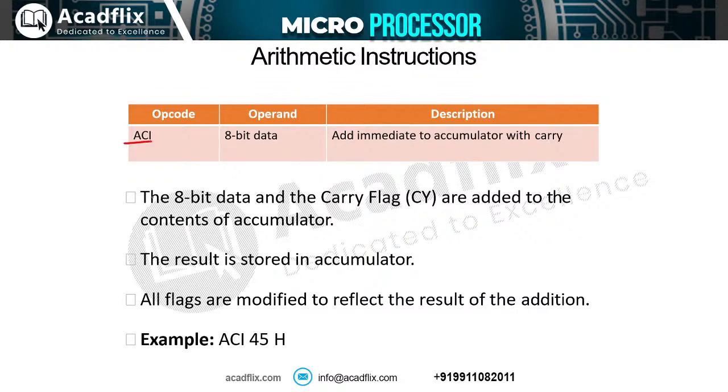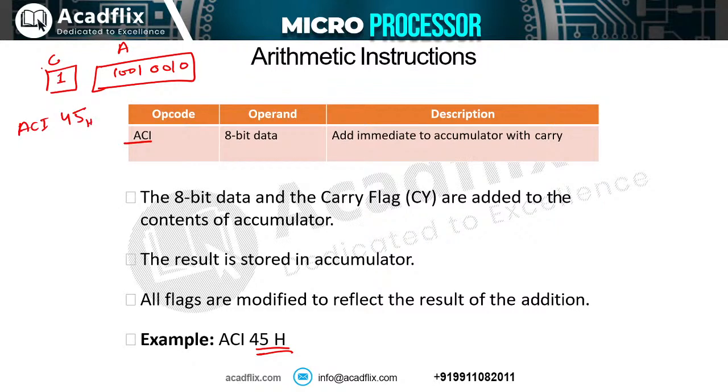ACI means add immediate to accumulator with carry. An immediate value will be given, and you have a carry flag. Let us say the carry flag is 1, and in the accumulator you have the value 1 0 0 1 0 0 1 0. This instruction, ACI 45, will simply add the value 45 to the accumulator and will add the value of the carry flag also. So 45 means 0 1 0 0, 5 means 0 1 0 1.